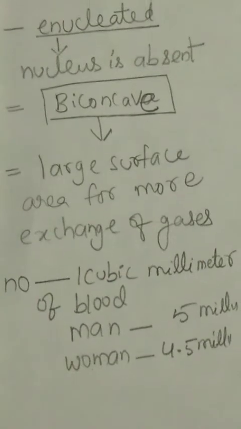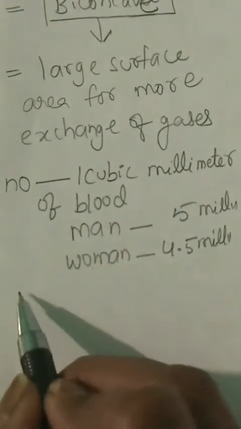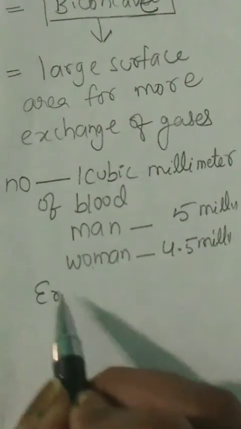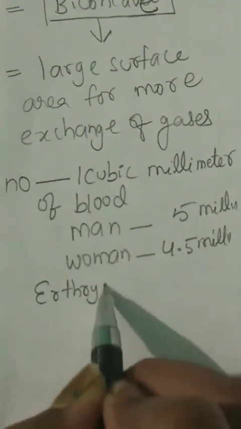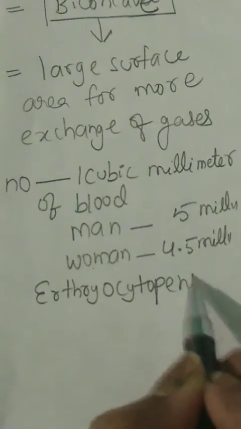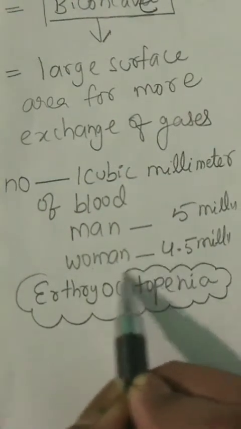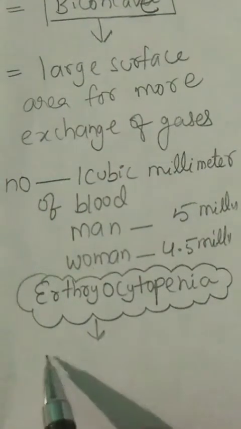The decrease in the number of RBC or erythrocyte is a condition called erythrocytopenia. Erythrocytopenia is a condition where RBC number decreases.